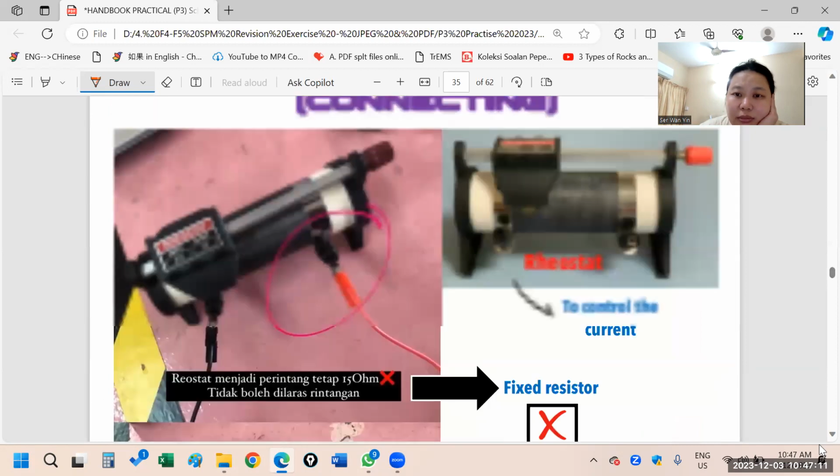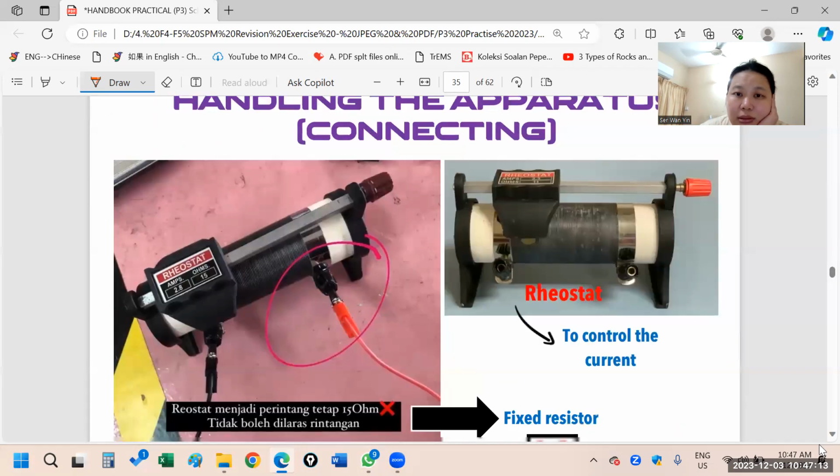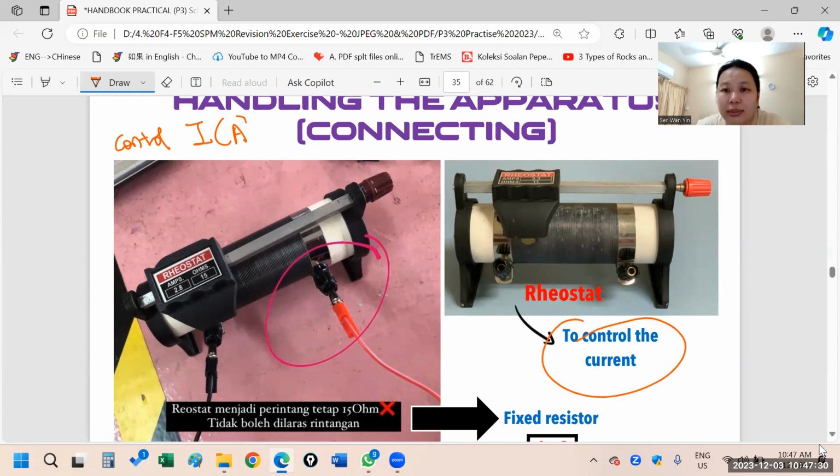Okay, then we look back at the rheostat. The rheostat in this experiment is actually used to control the current I. Okay, then how to control the current? Make sure you clip one up, another to the opposite, down. Understand? One up, one down, opposite.